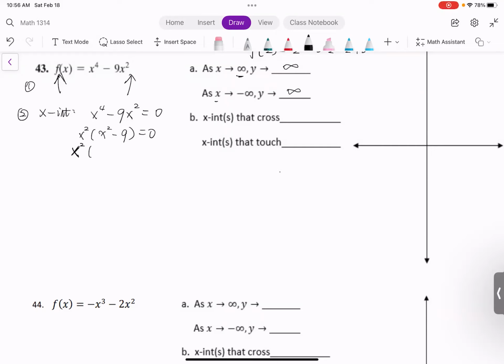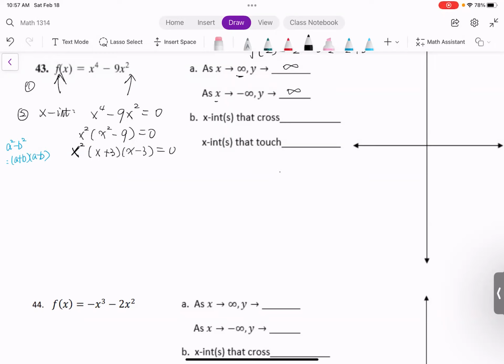That's (x plus 3)(x minus 3). If you don't remember the conjugate formula, you can put a note here: a squared minus b squared equals (a plus b)(a minus b). All right, that's (x plus 3)(x minus 3).